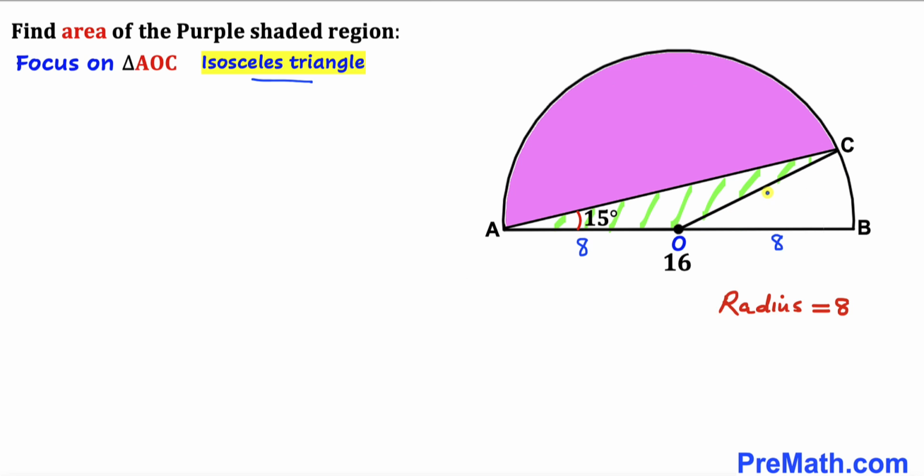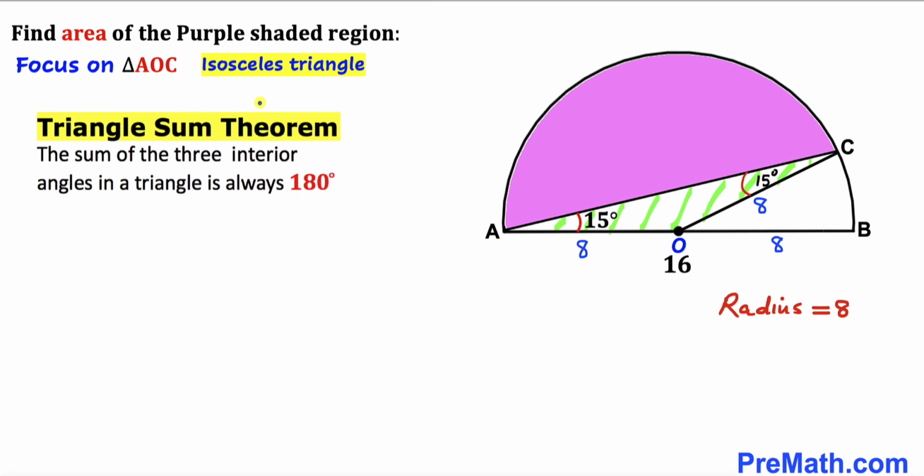So this OC length is going to be 8 units as well. Since this is an isosceles triangle, if this angle is 15 degrees, then this angle has got to be 15 degrees as well.